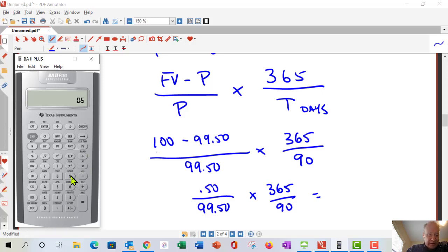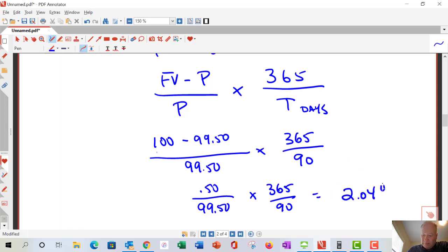Divide that by 99.50, and then multiply that by 365, and divide that by 90. Okay, and you're seeing here a return of about 2.04%. Okay, so that would be your return on this Treasury bill. Treasury bill yields right now are pretty low. So even this doesn't look like much, but right now this would be a great deal.